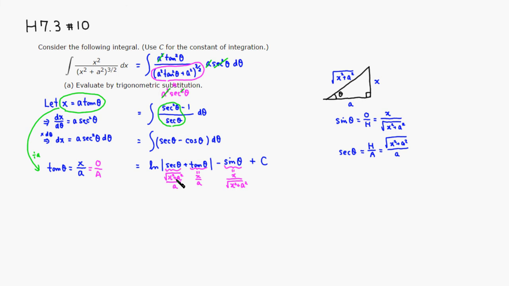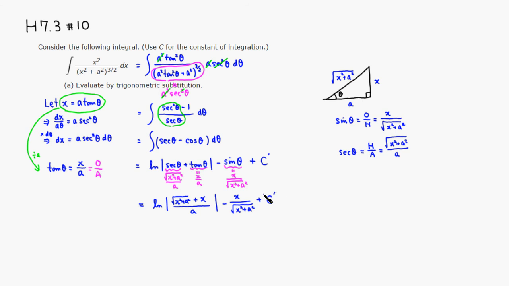Then let's clean this up. This is going to be the natural log of the absolute value of the square root of x squared plus a squared plus x, both over a, so I'm going to put them together, minus x over the square root of x squared plus a squared, plus some constant c. Actually, I'm going to put c prime here because I want to use c for the final answer.